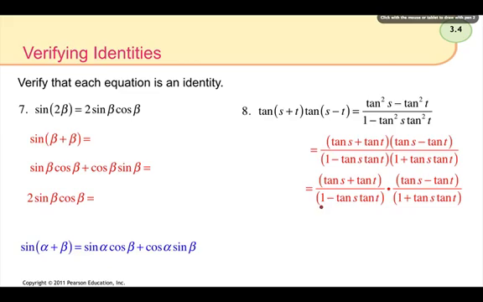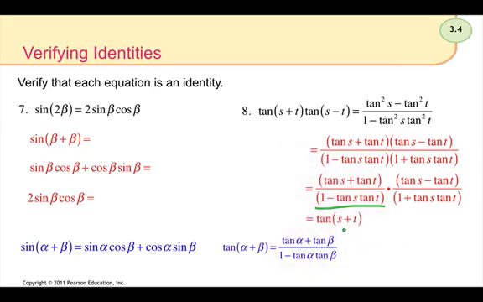At this point, if you focus on the left hand side, once you apply this formula, the sum identity for tangent, it is going to equal the left hand side. But since we're working with S and T, it becomes tangent of S plus T. And then on the right hand side, notice that we can apply this other formula, the difference identity for tangent. Once I apply it, this is what I get, and the right hand side is equal to the left hand side. Let's move on to number 9.